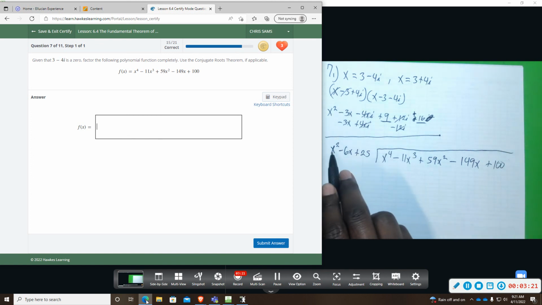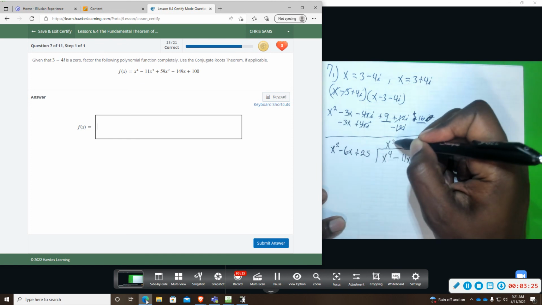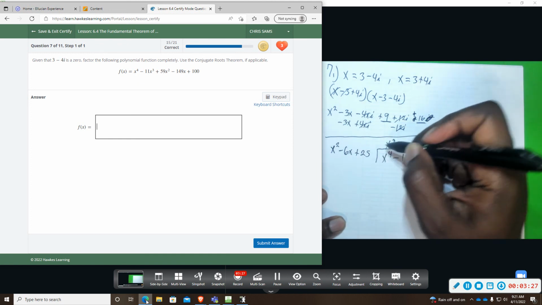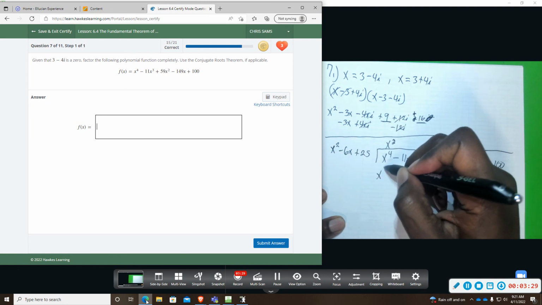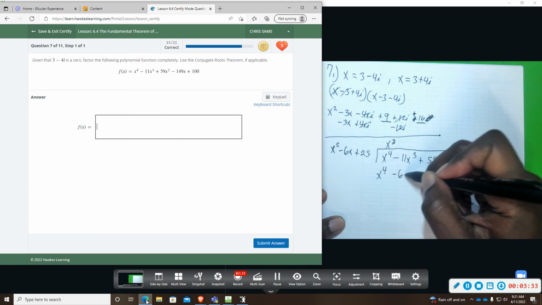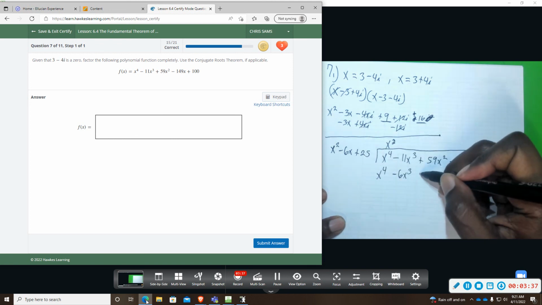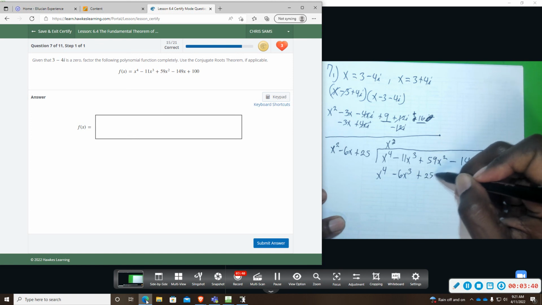All right, so I have x squared. I need x to the 4th, so I need x squared to go into there. Need 2 more x's. X squared and x squared, x to the 4th. X squared and negative 6x, negative 6x to the 3rd. And then x squared and 25, a positive 25x squared.